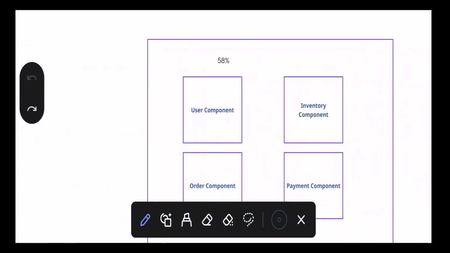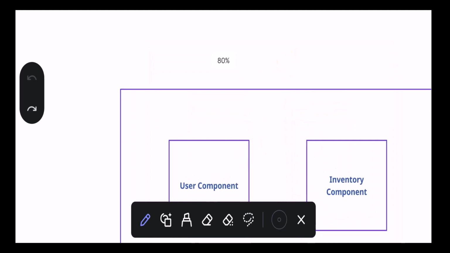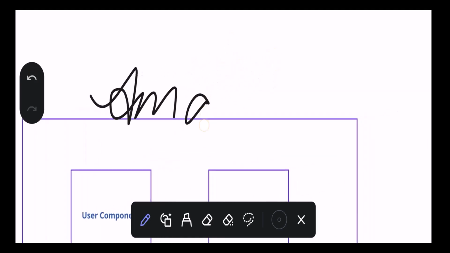So now let's consider this as an Amazon e-commerce system.